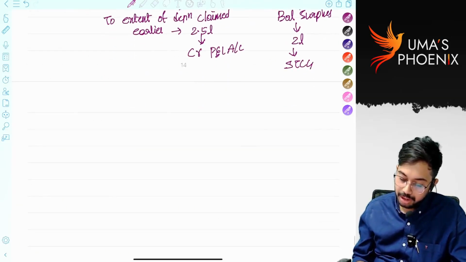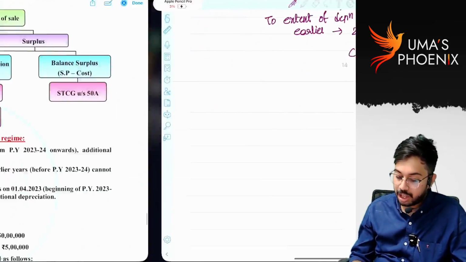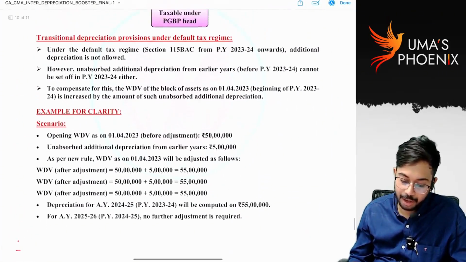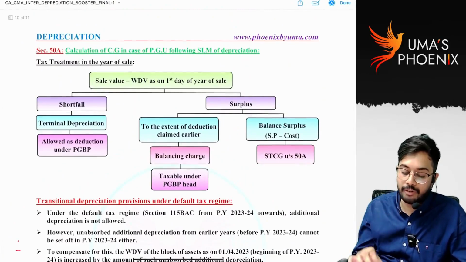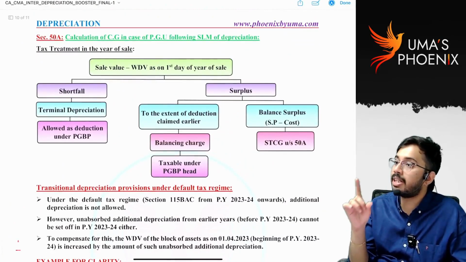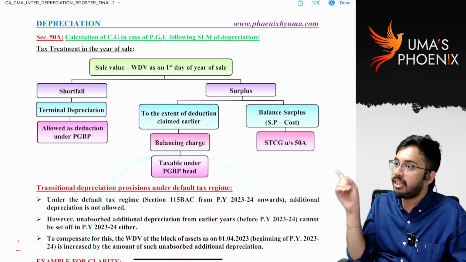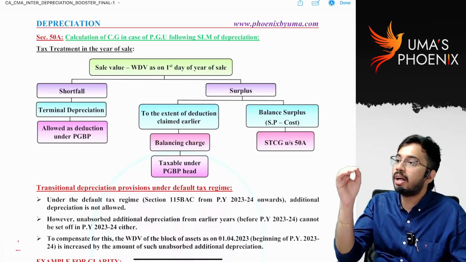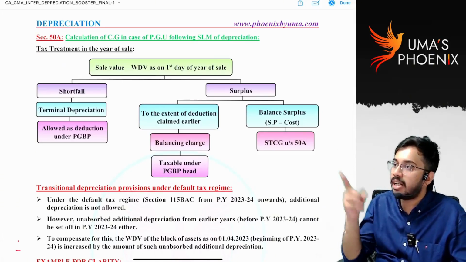Good. There is one small topic which is quite contradicted. I wanted to teach that right now. See, calculation of capital gains in case of power sector undertakings following the straight line method of depreciation. I have given a chart. Once you understand the problem, automatically you will also understand the chart. Once you see the chart, you will get clarity.